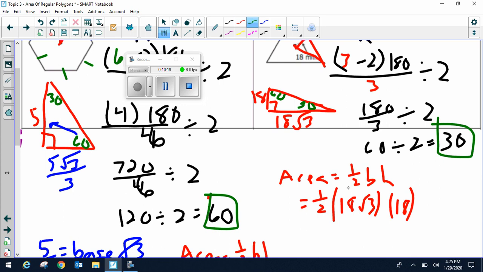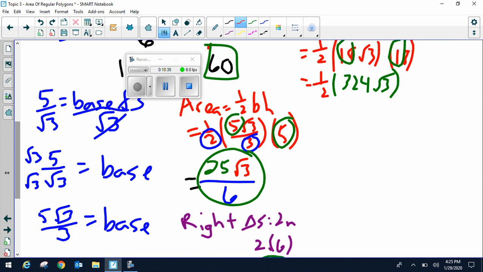So remember, outside to outside, so 18 times 18 gives you 324. And then you got to divide that number by 2. And you get 162 square root 3. That number represents the area of the figure.